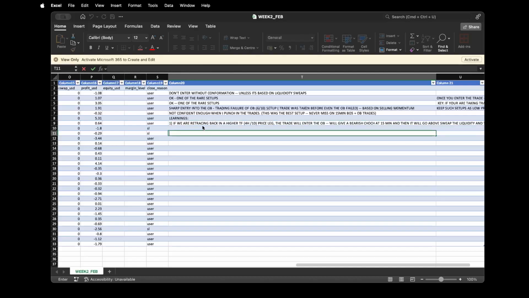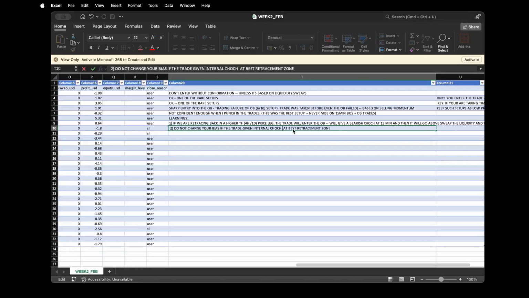The second learning that we have is, do not change your bias if the trade gives an internal CHOCH at the best retracement zone.